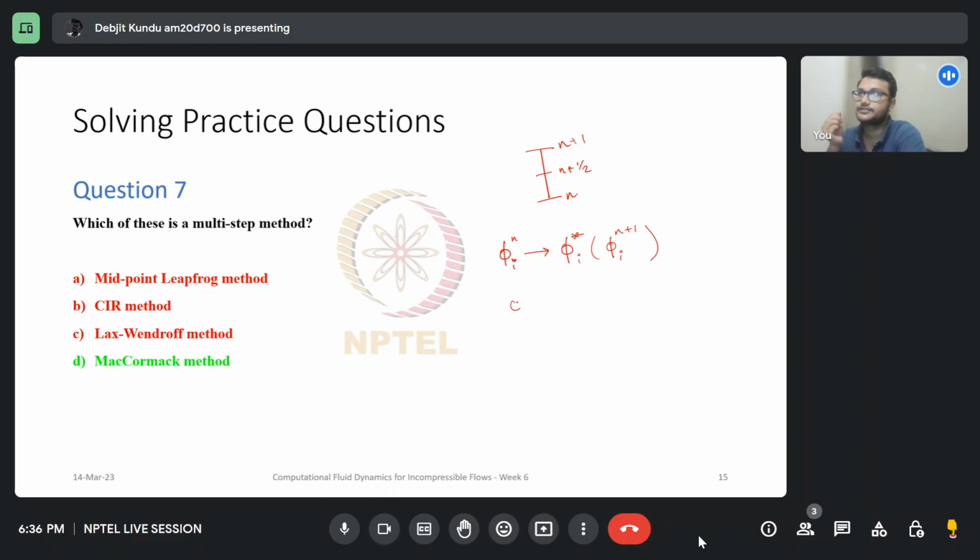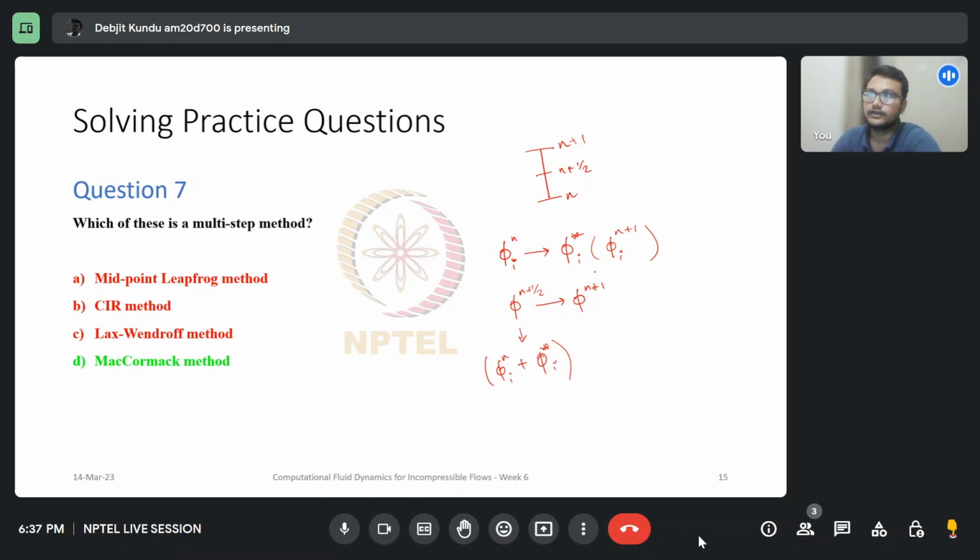Then in the second step, we go from n plus half to n plus 1, where instead of the n plus half value, we use an average of the value at n plus the provisional value, which is a representation of that at n plus 1. Sorry, I did not do this correctly.